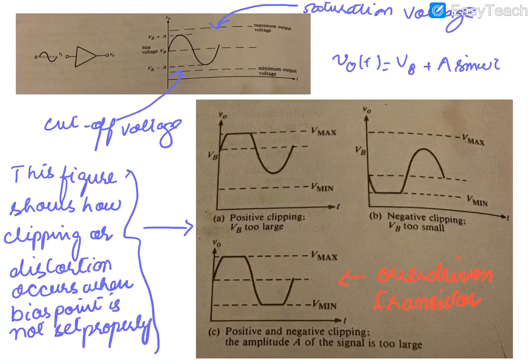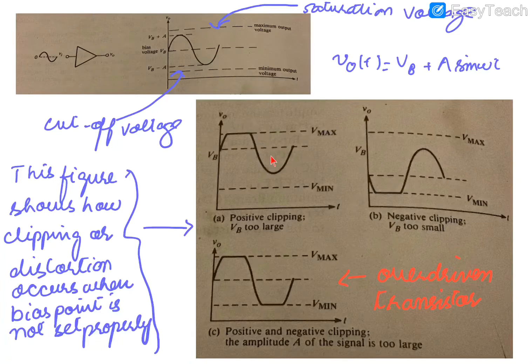When this Q point or bias point voltage is closer to the saturation level on the upward side, you can see that there will be positive clipping in the output.